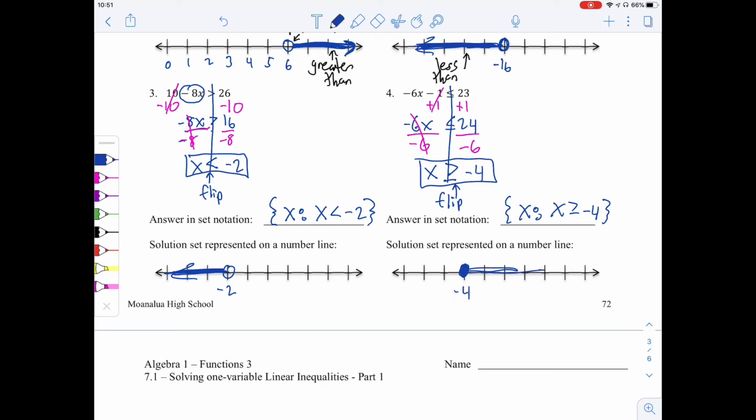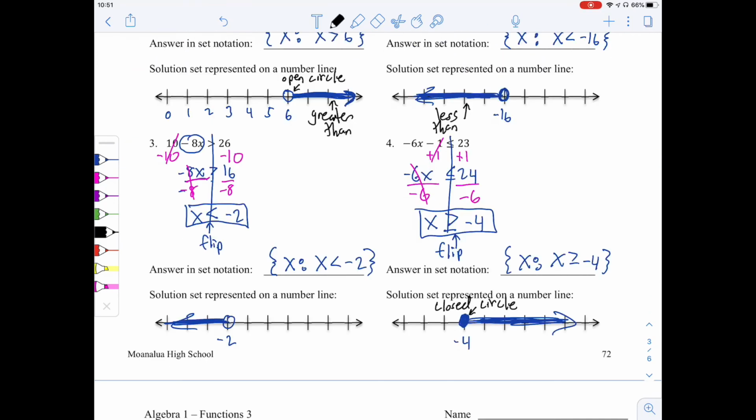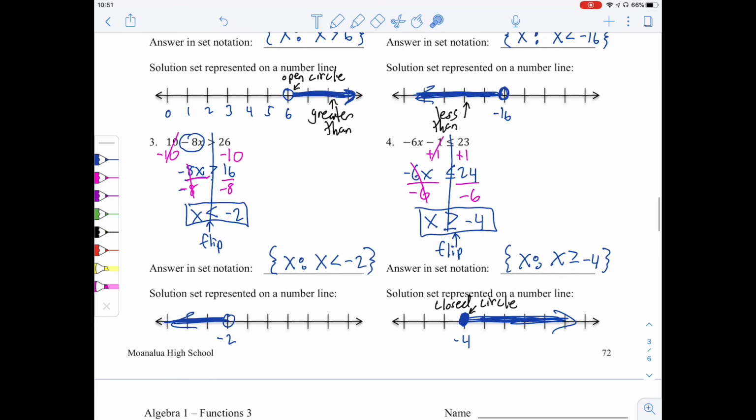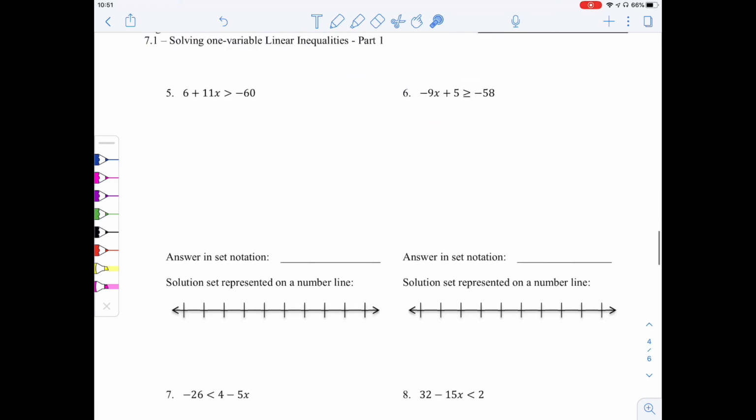Greater than is to the right. So closed circle because it's equal to, greater or equal to negative 4. So always remember to flip. Whenever we divide by a negative or multiply by a negative to both sides, we have to flip it.